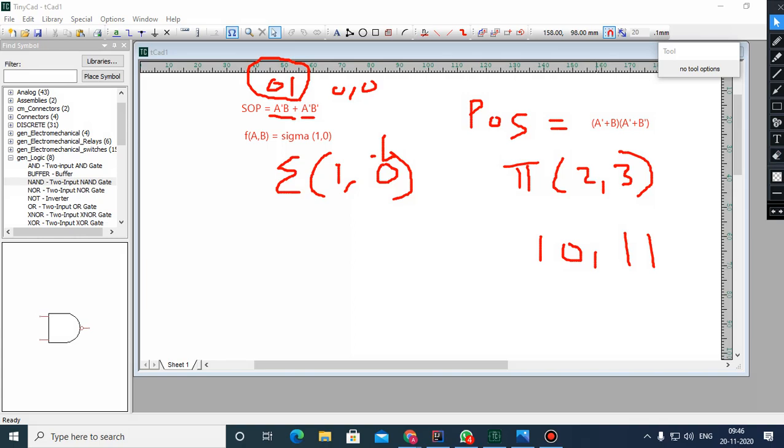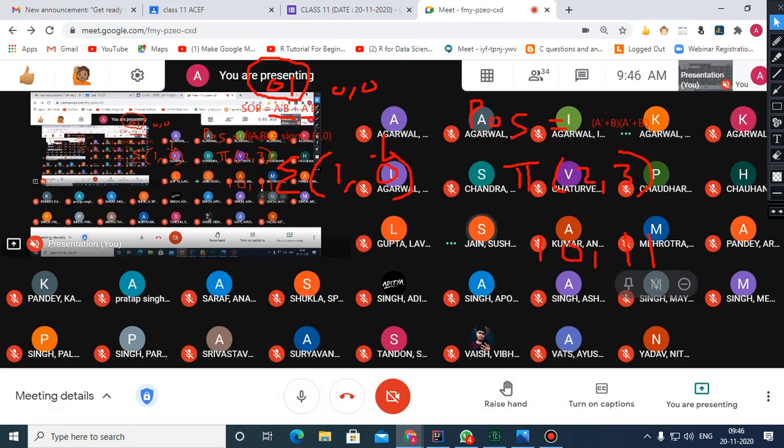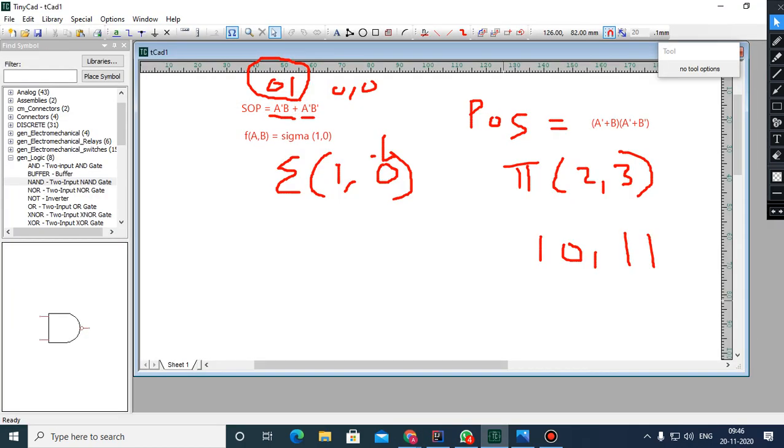Any query, then please tell. Yes beta. A complement plus B. If you represent 2 in binary, it is 1 0, right?